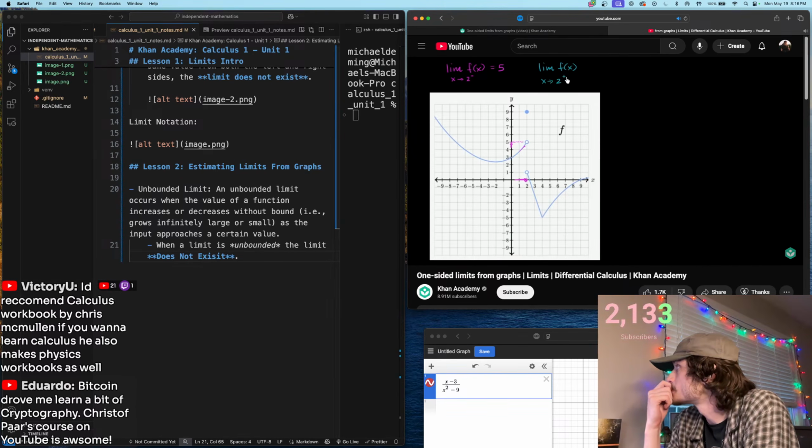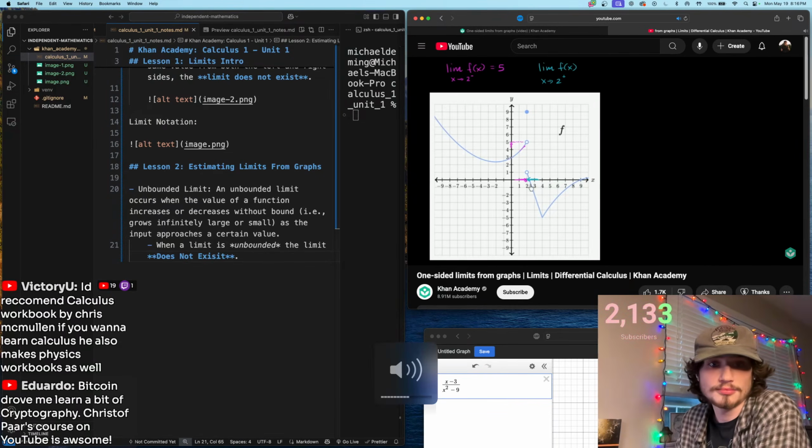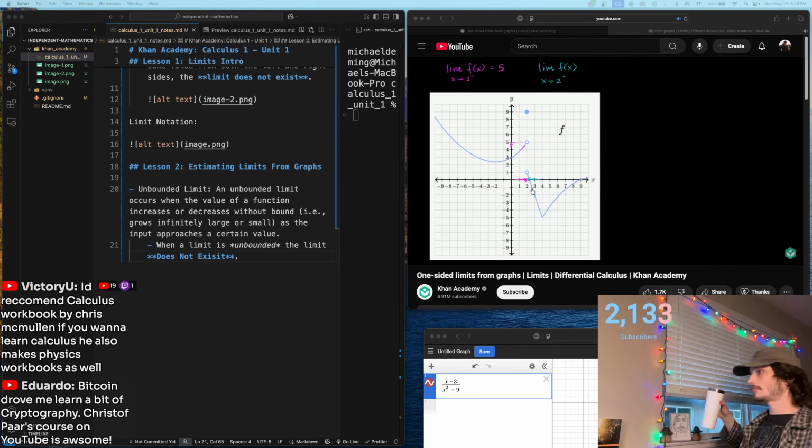This is a little superscript positive over here. So now we approach x equals 2 from this direction: x equals 3, 2.5, 2.1, 2.01, 2.0001. We're getting closer and closer to 2, but from values larger than 2. When x equals 3, f of x is here. When x equals 2.5, f of x is here. When x equals 2.01, it looks like it's right over here.